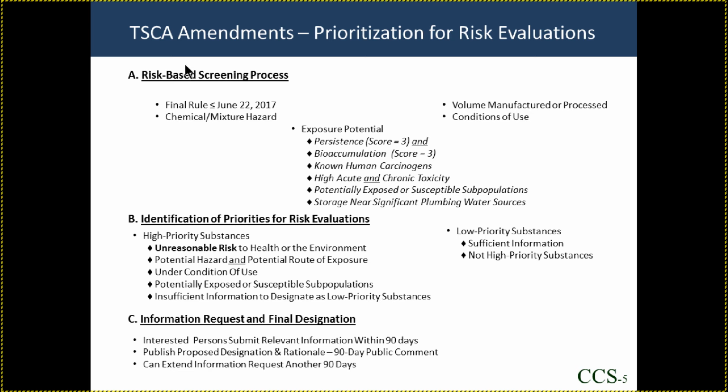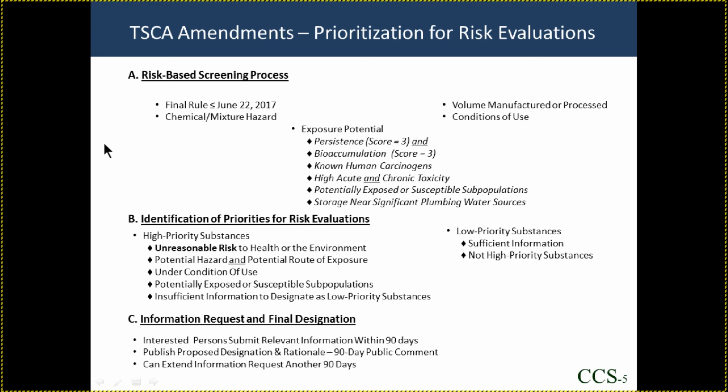This chart on the prioritization shows that the risk-based screening process, which has not been defined, the pre-publication document's only 2 or 3 days old, but it has to be final as a rule by the 22nd of June this year, 2017. That's already in place, and it's going to probably within the next week or two, it will be available in the Federal Register as a proposed rule for public comment.